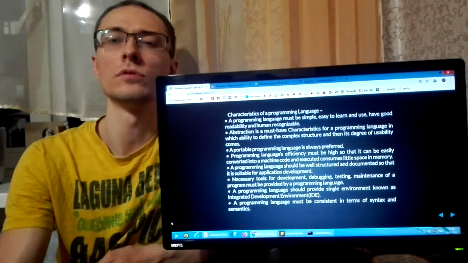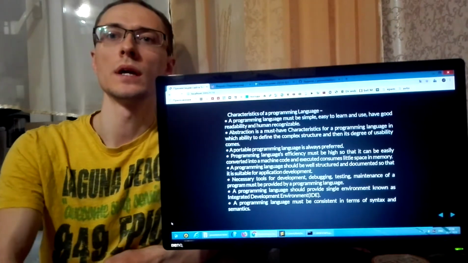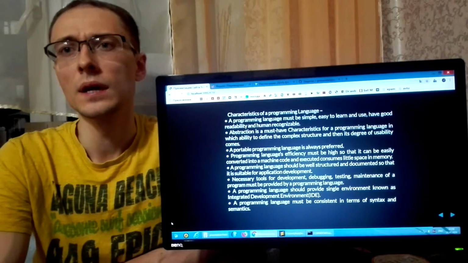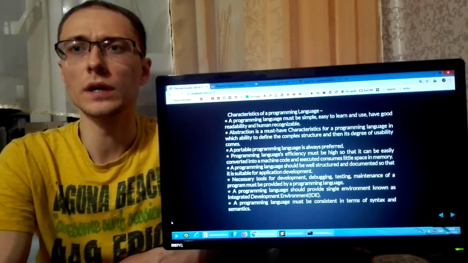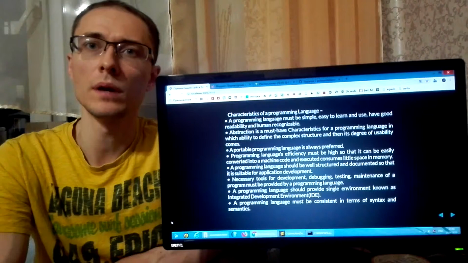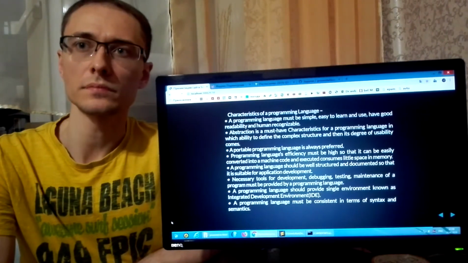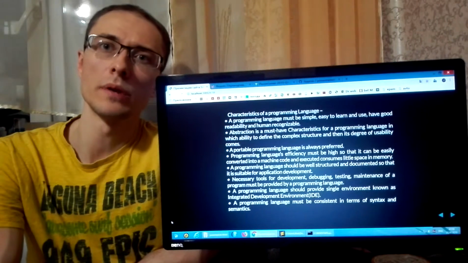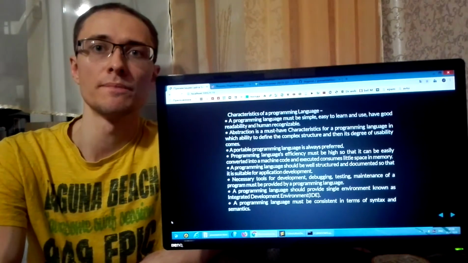Necessary tools for development, debugging, and testing of a program must be provided by a programming language.